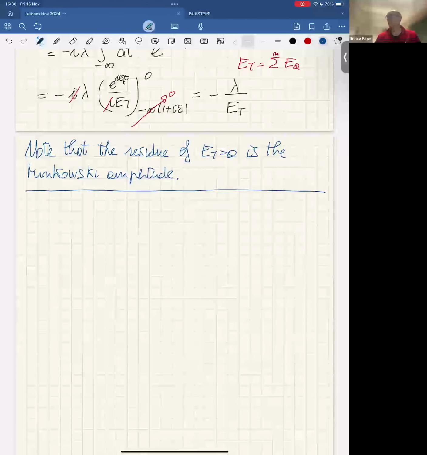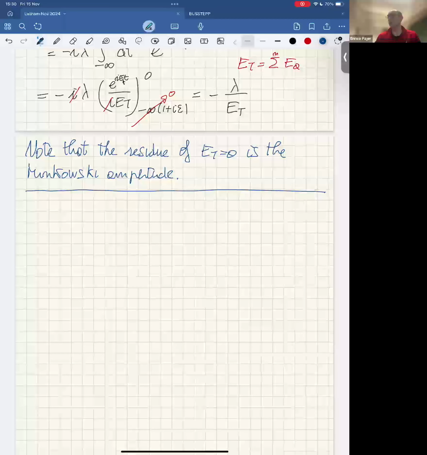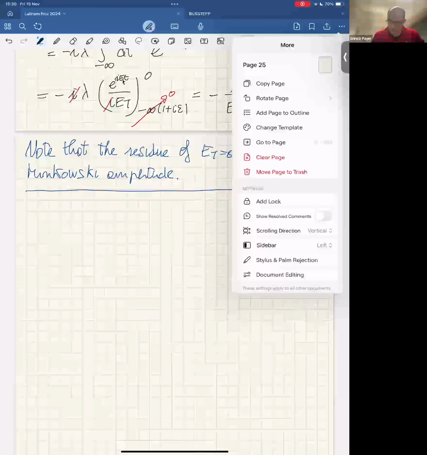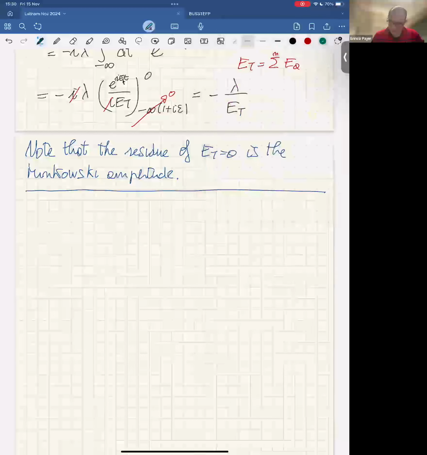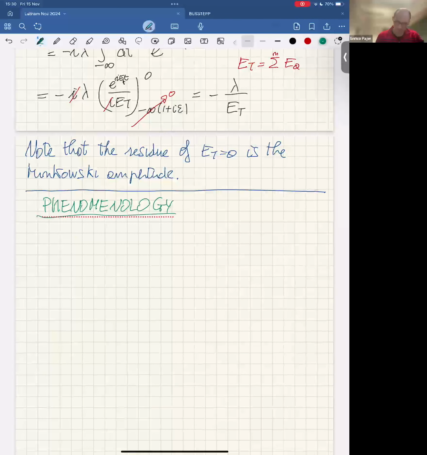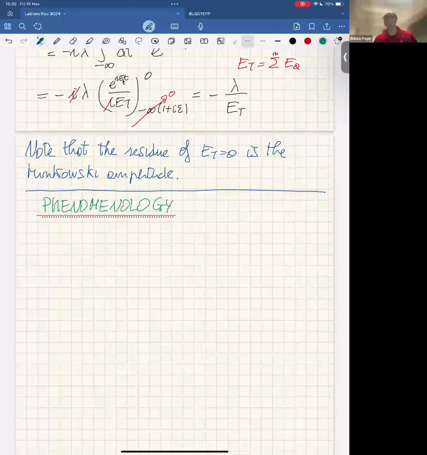And I have another example for de Sitter, but I will skip it. Okay, good. So are there any questions about this? No. Okay.